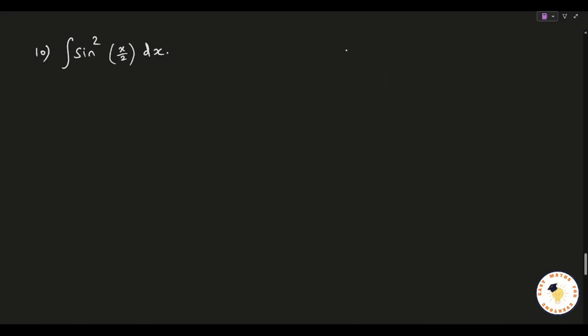Let us solve this sum. Integral sine square of x by 2 dx. We know one identity which states cos 2x equals 1 minus 2 sine square x. Since there is half of the angle, x by 2, changing this x to x by 2, we get 1 minus 2 sine square x by 2.